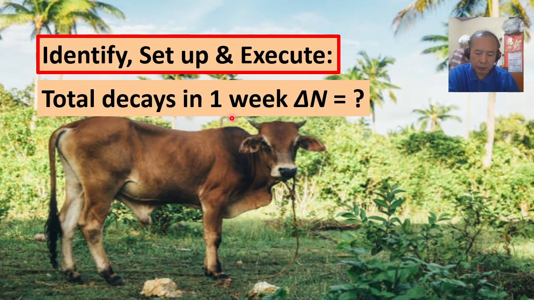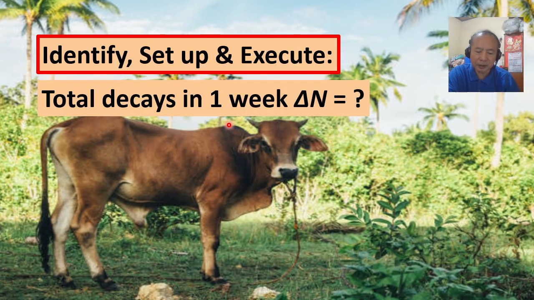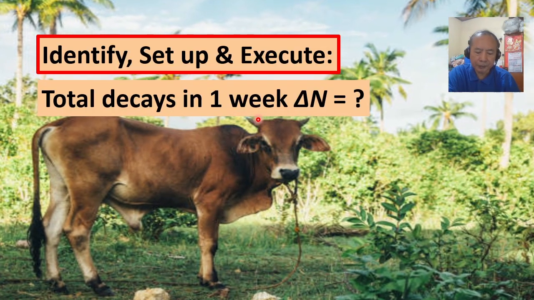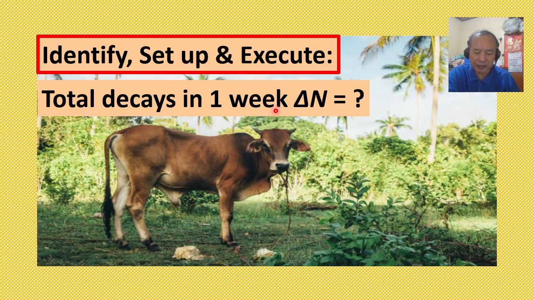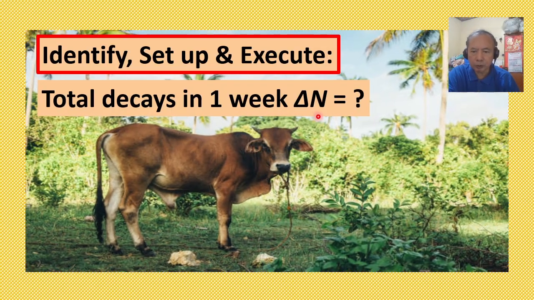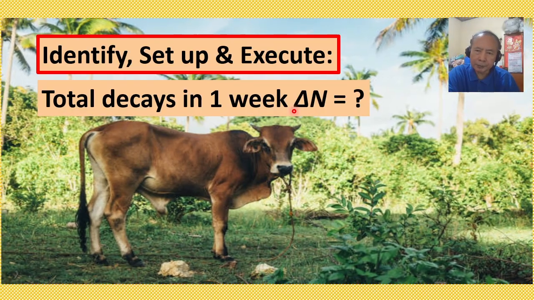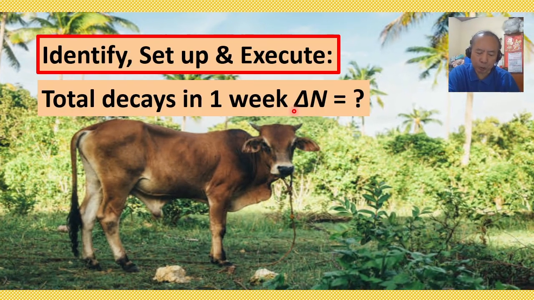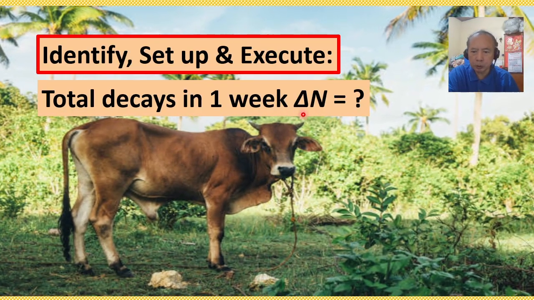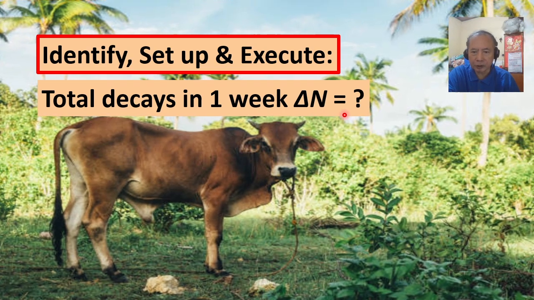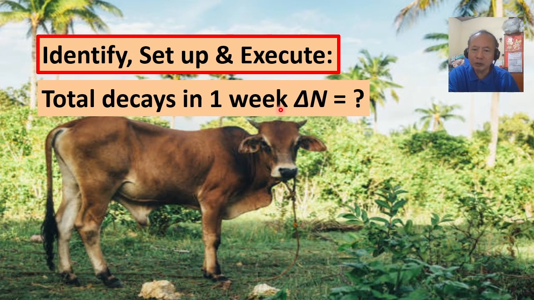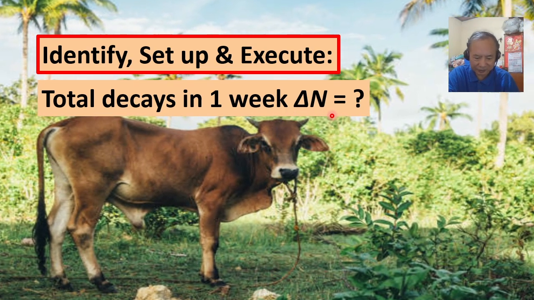We denote this number of decays, which also refers to the number of cesium-137 isotopes that undergo nuclear decay or transmutation. So we denote this as delta N.